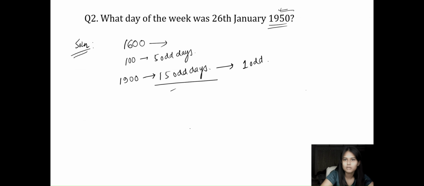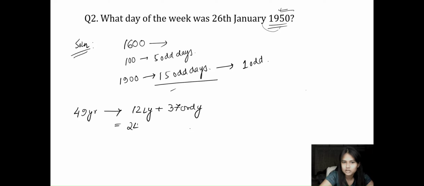Now what is my job? My job is to go till the previous year of this year. What is that? 1949. I cannot calculate 1950 because I'm standing in 1950. So that is not in my calculation. I cannot count the odd days of 1950. All right. So I have 49 years. Now I'll figure out how many leap years I'll get. I know that 4 into 12 is 48. Therefore, I'll get 12 leap years plus 37 ordinary years.